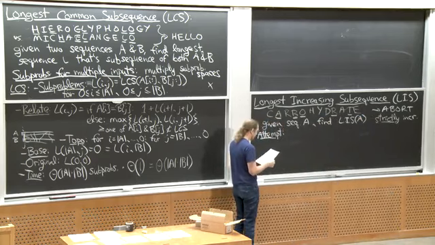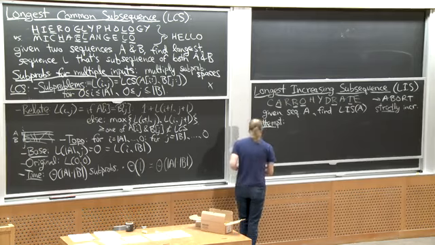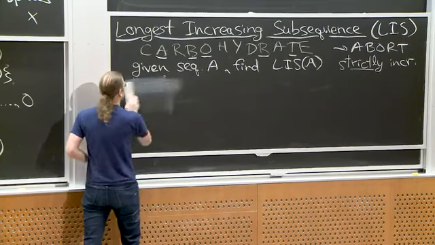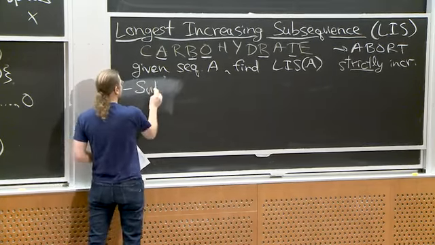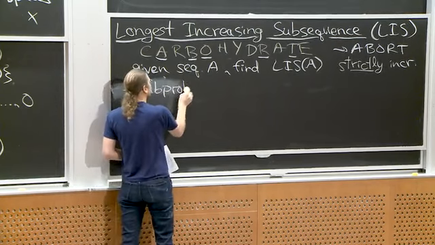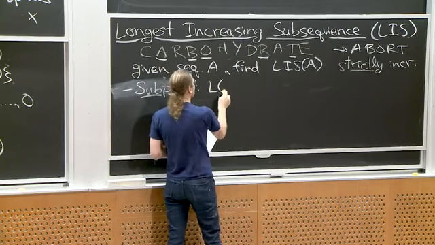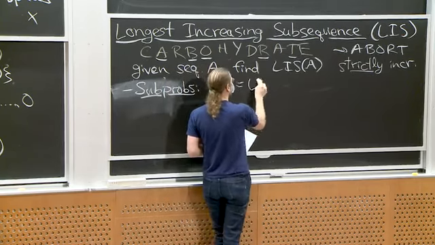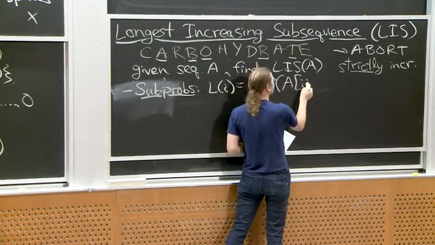OK, so let's try to do this. Maybe I won't be so pessimistic to write attempt here. Let's just go for it. So I want some subproblems, and I'm going to choose suffixes. I'm going to define L of i to be the longest increasing subsequence of the suffix of A starting at i.